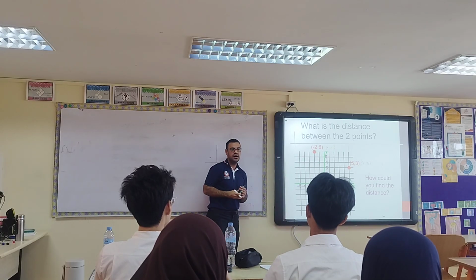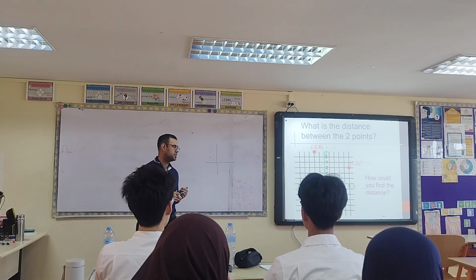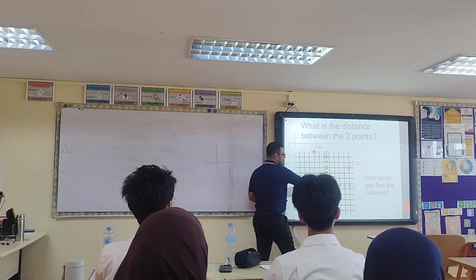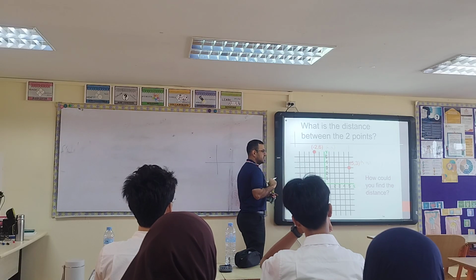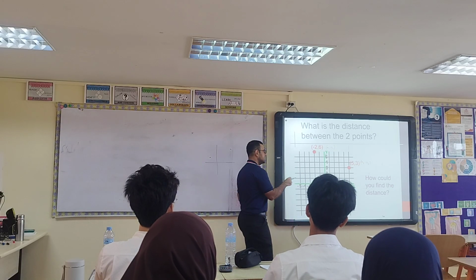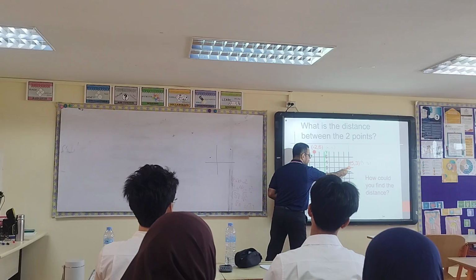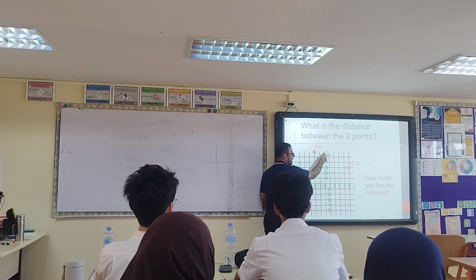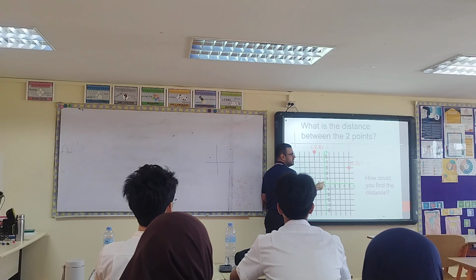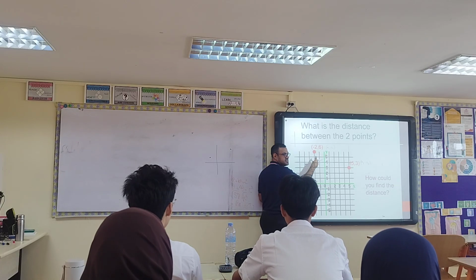So how can I find the distance between those 2 points? Do you remember when I draw and I count? When I count horizontally, I count the x's, right? When I count vertically, I count the y's, right? So this is the y's.